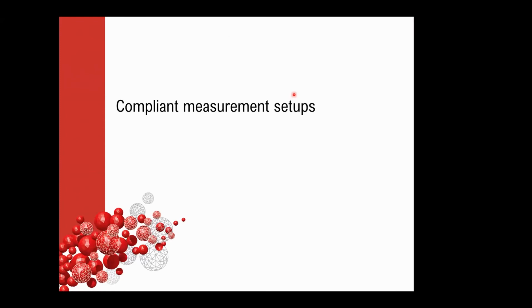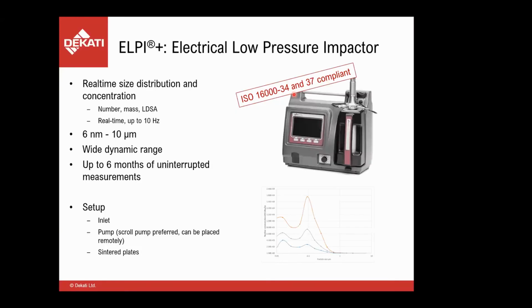crack on to the compliant measurement setups. Some examples of those. We have the LP Plus electrical low pressure impactor, which is compliant for a supplementary method, which gives you real-time size distribution and concentration, number concentration, mass concentration, and LDSA concentration and size distribution between 6 nanometers and 10 micrometers.